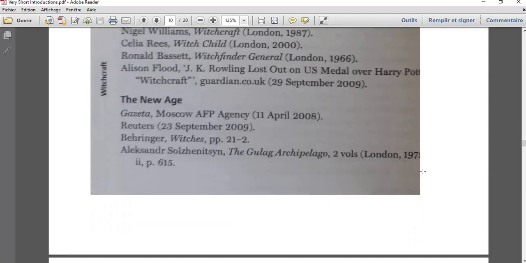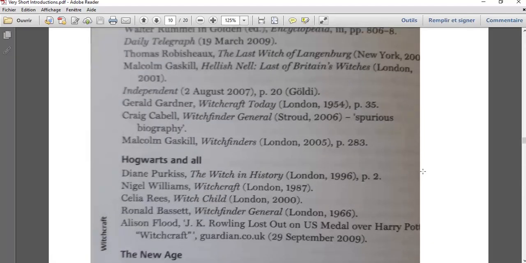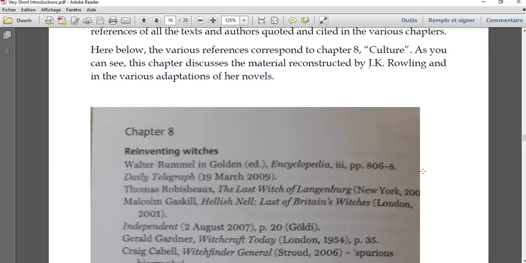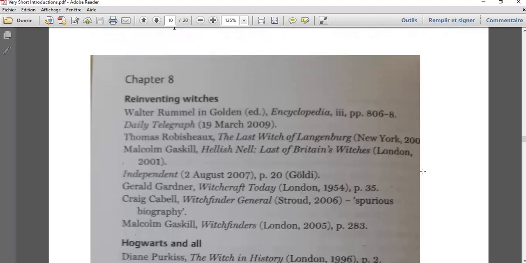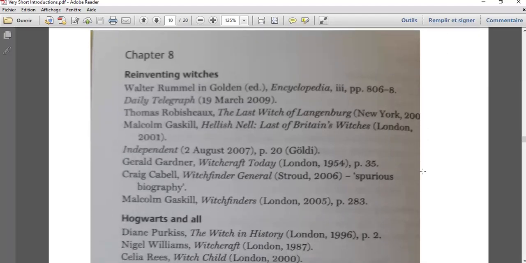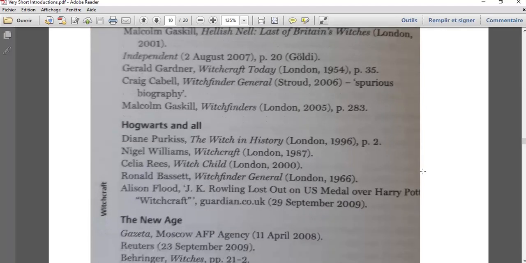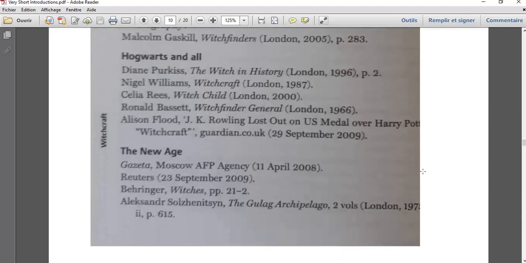So this is the list of references. And as you can see, this chapter discusses the material reconstructed by J.K. Rowling and in the various adaptations of her novels. So as you can see, chapter 8 has 3 sub-chapters: Reinventing Witches, Hogwarts and All, and the New Age.